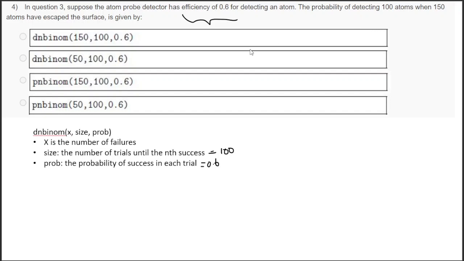They didn't say at most or at least, so this p won't come into the picture. It has to be one of these two. Then X is the number of failures. What is the number of failures? 50. 50 atoms could not be detected. So it is dnbinom of 50, 100, 0.6. B is the answer for this.